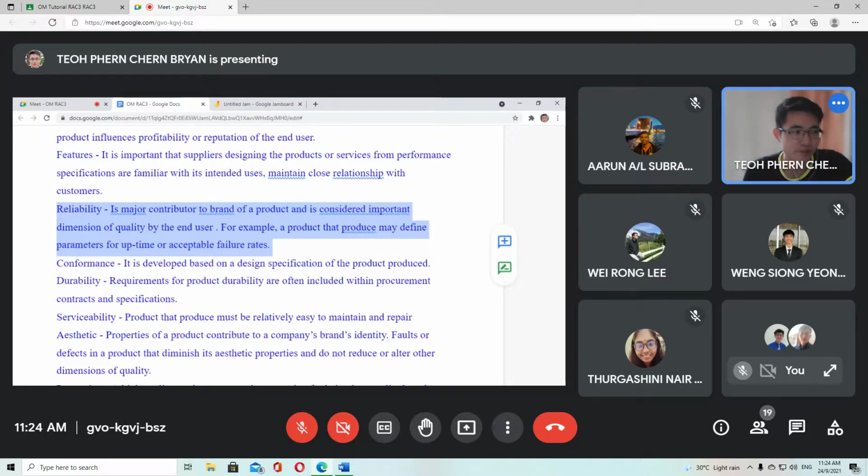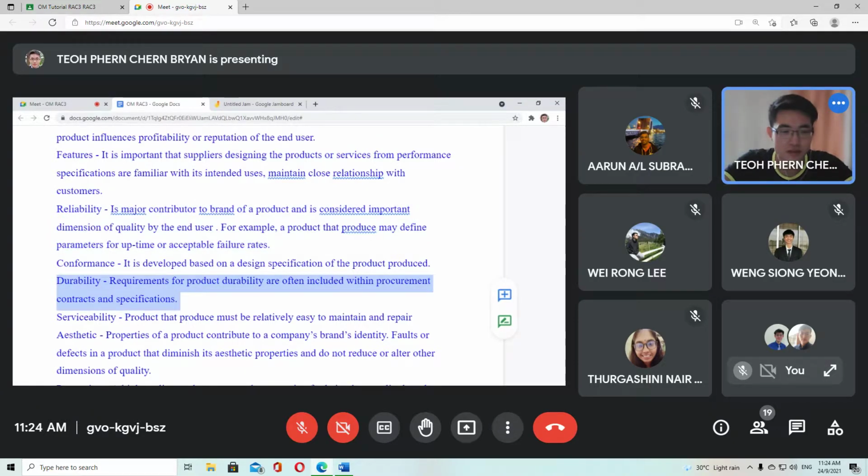So they are still reliable. I still believe in the brand. Just that I don't use it anymore. So reliability is whether they can keep up to the promises that they have made to the customers. That's why depending on what the promises are, sometimes it's very confusing with durability.